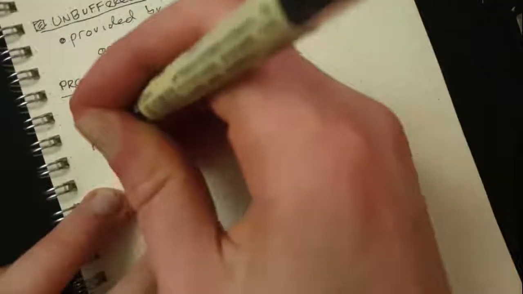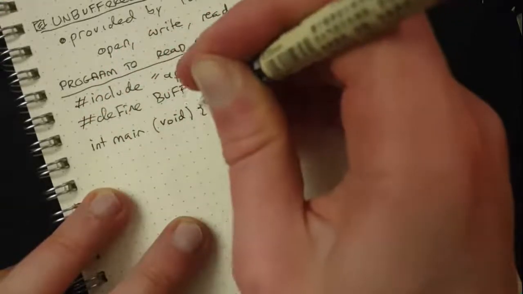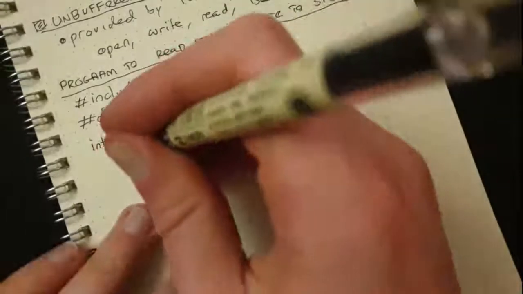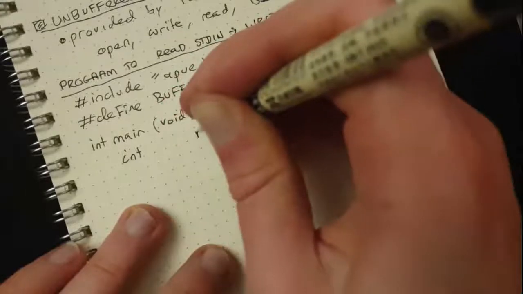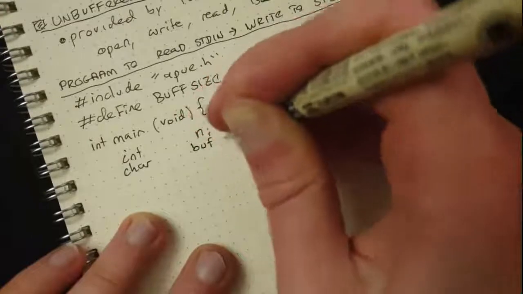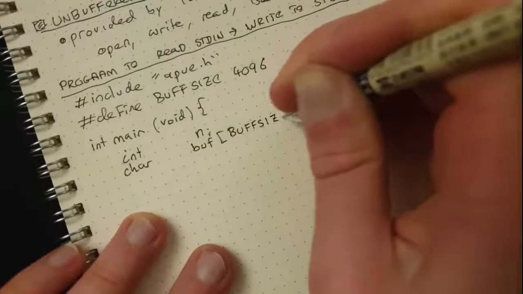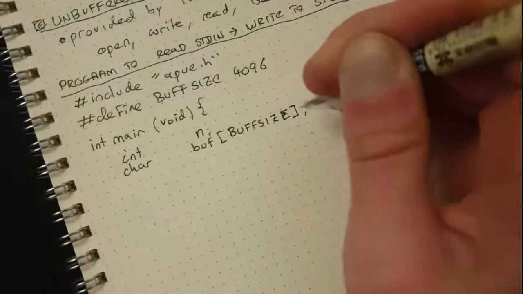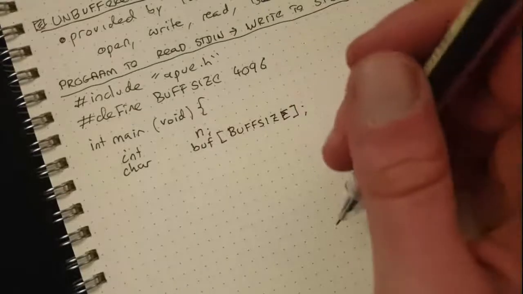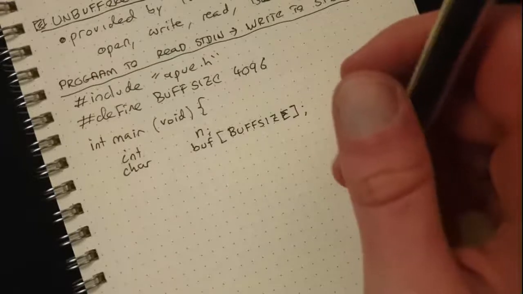So int main(void), int n, char buf[BUFFSIZE], and while we read the user input, we continue to write the output.